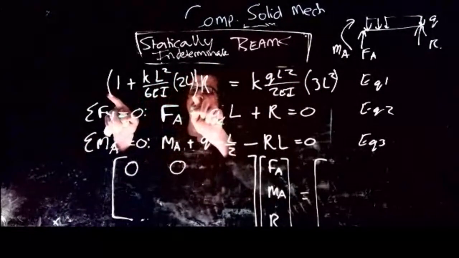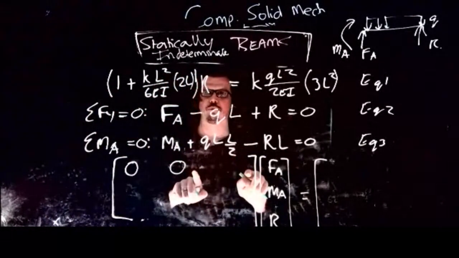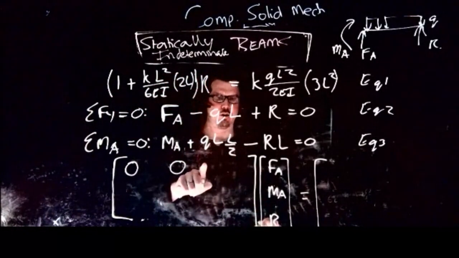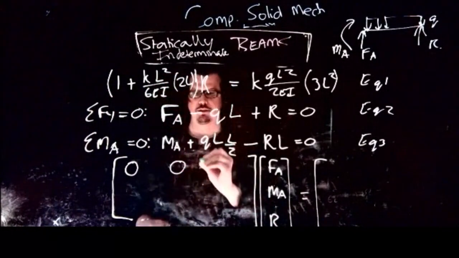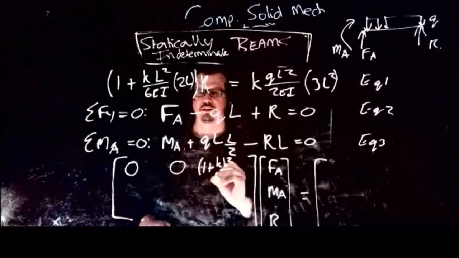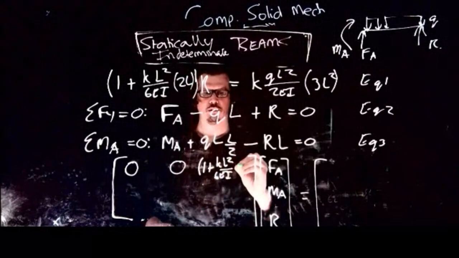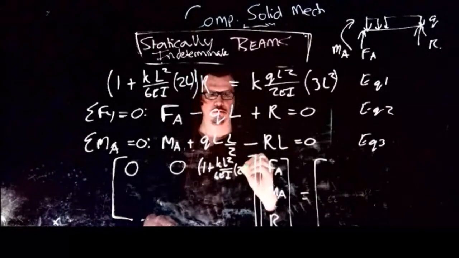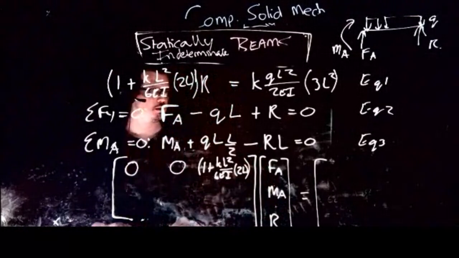We have the term that multiplies R: 1 plus K L squared over 6EI, times 2L. That is what that term is.